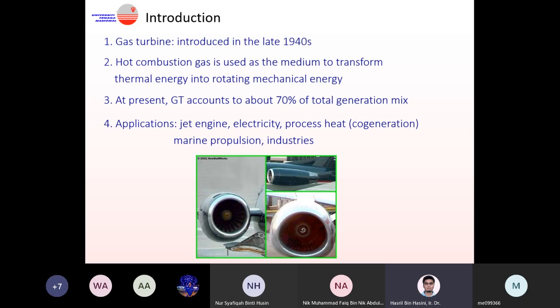In some factories, they use the gas turbine for process heat, because at the end of the day, what you want in this industry is the heat. At the same time, they may use the heat to produce electricity as well, so we call that a cogeneration plant. Gas turbines are also used in marine propulsion, the ships, and also industries.